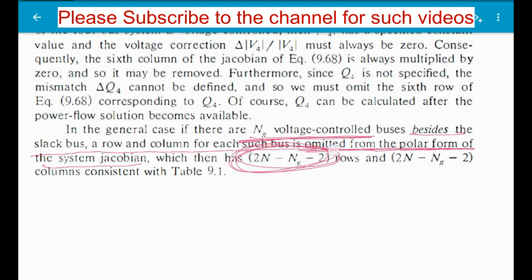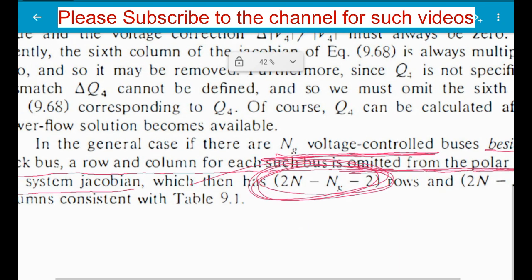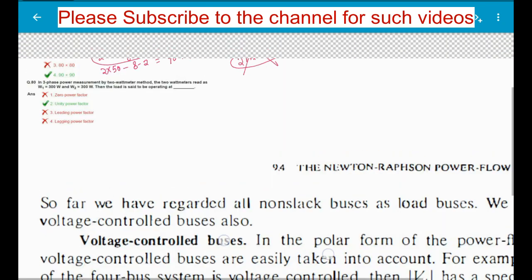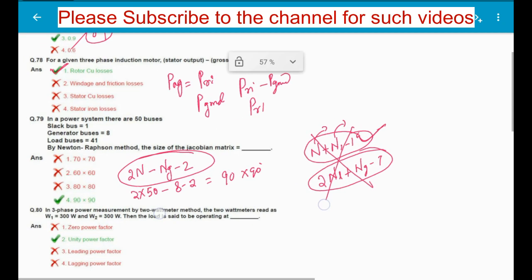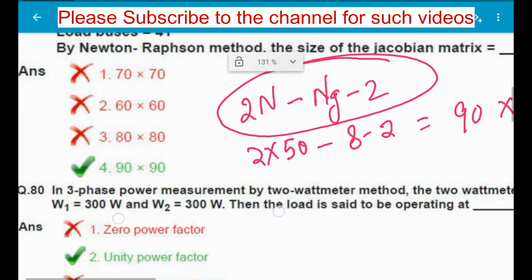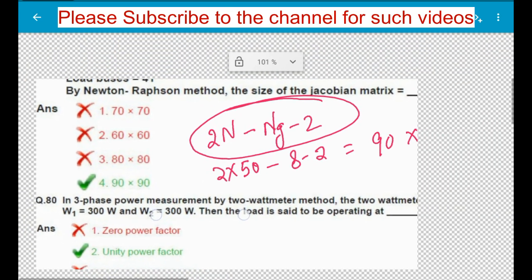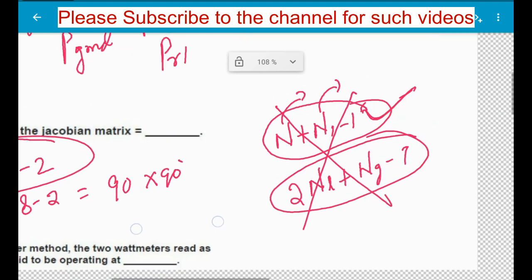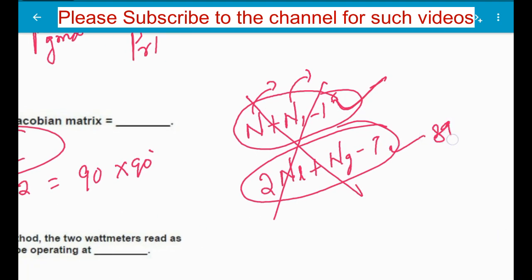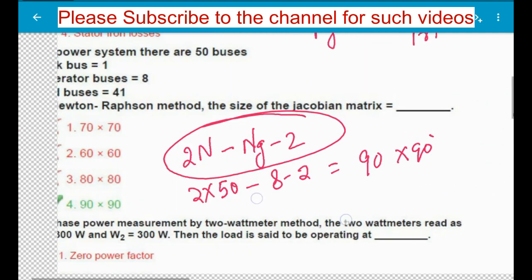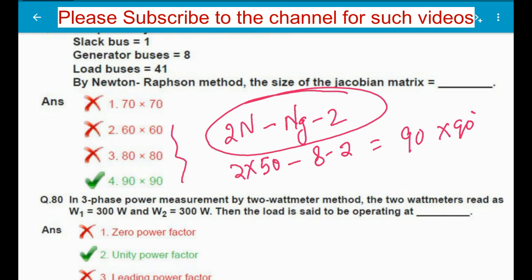This is the formula, and this is from Stevenson Grainger. So here the answer is 90 cross 90, and if you apply the other formula, this will be 89 cross 89, which is not present in the options.